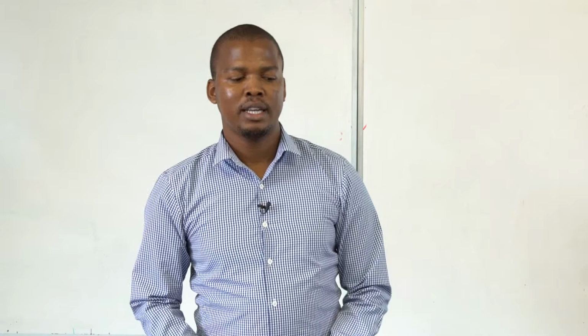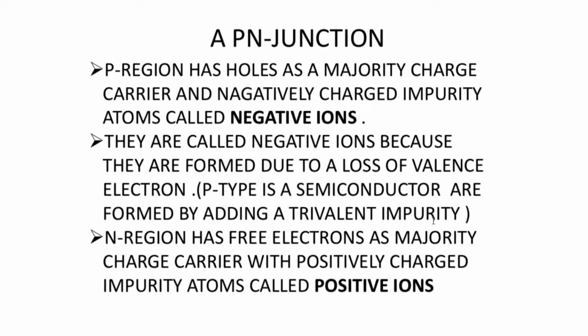For now, let me demonstrate to you the formation of a PN junction. In a PN junction, the P region has holes as majority charge carrier and negatively charged impurity atoms called negative ions.